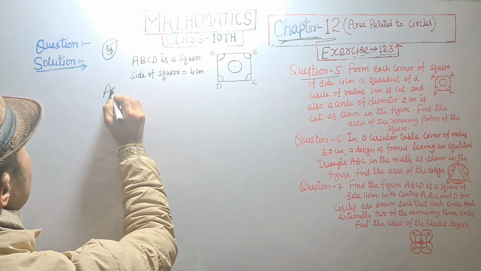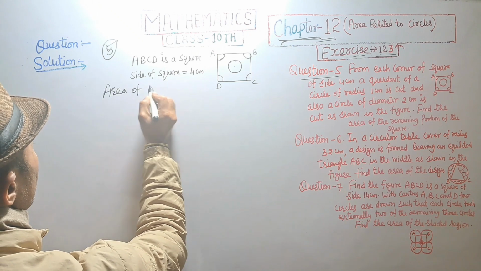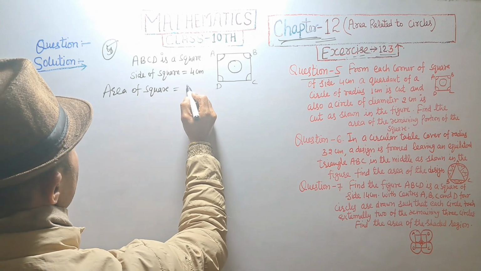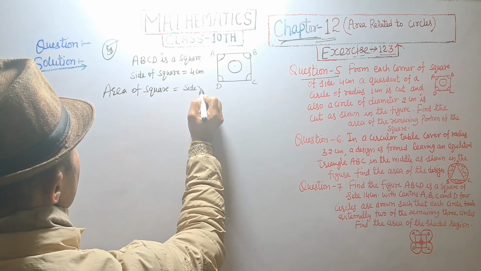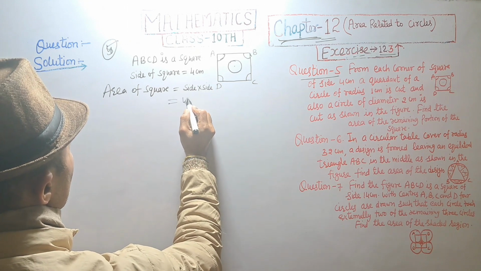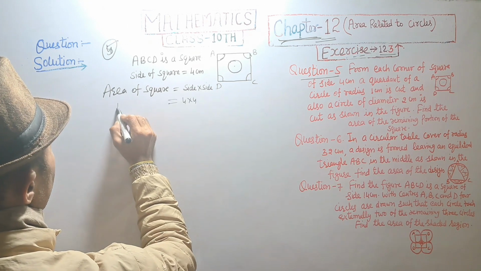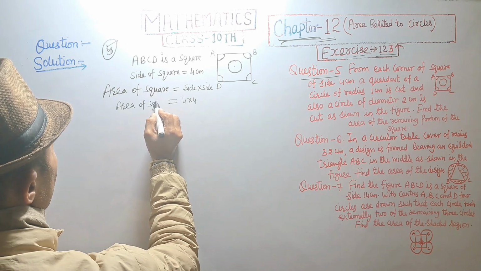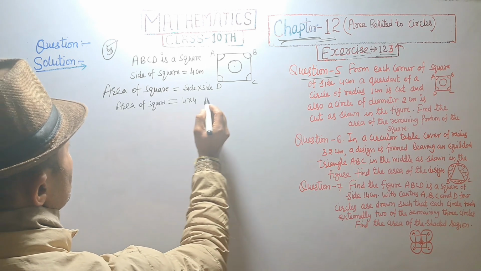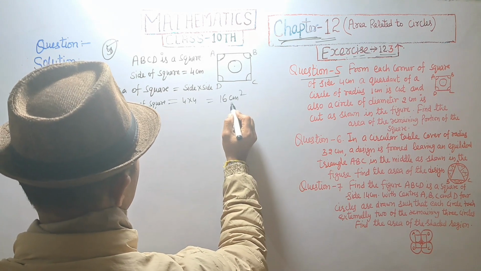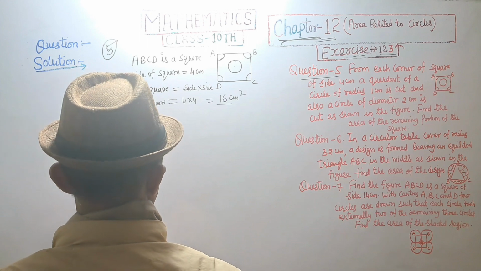Area of square is equal to side into side, that is equal to 4 into 4. Area of square is equal to 16 cm square.